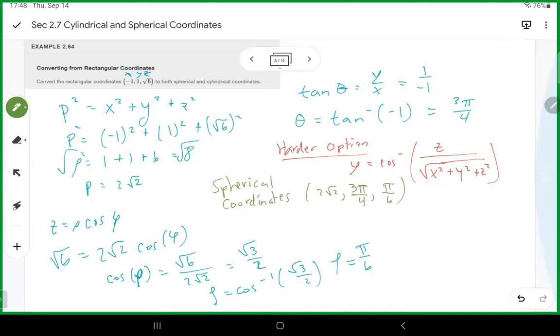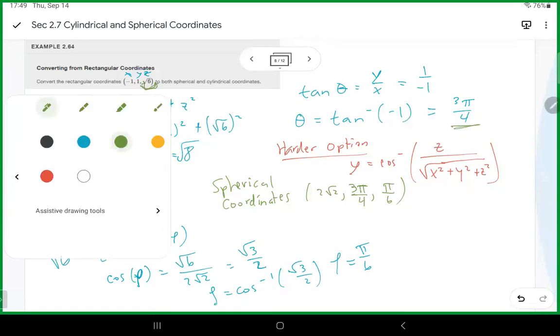Okay, and then for the cylindrical, we only have to find r. We know everything else already, right? Because we know theta and we know, where's the other portion? z.